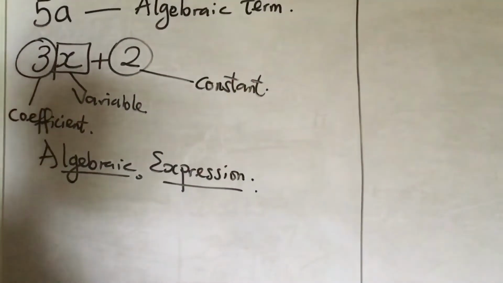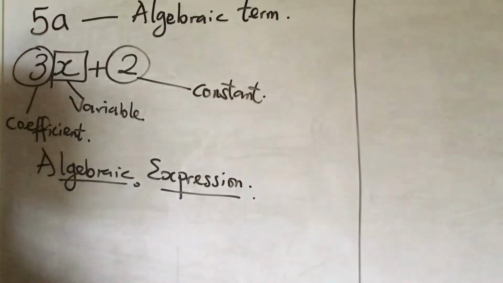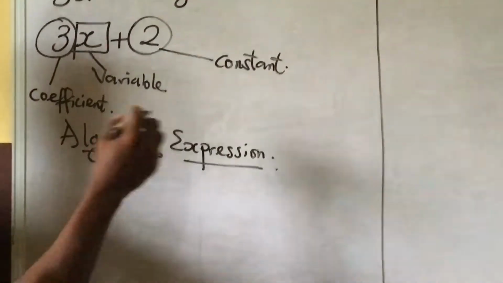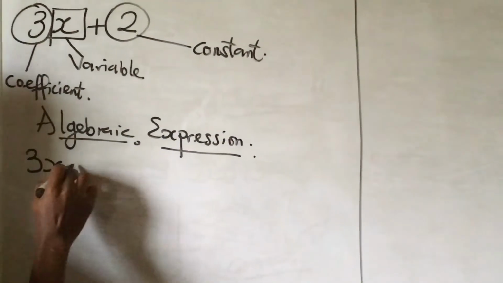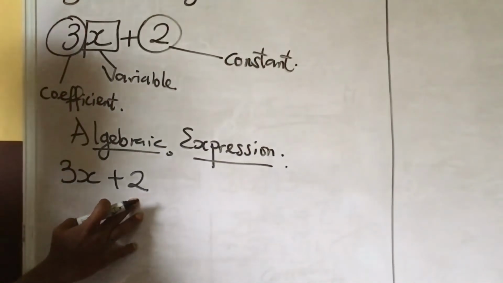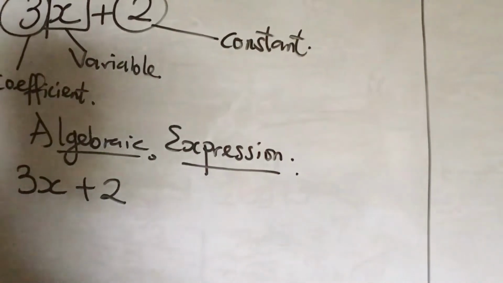But for this class I'm going to be treating algebraic expression while we look at algebraic equation in the next class. So for example here I have 3x plus 2. This 3x plus 2 you're seeing here is an algebraic expression. It is not an equation.